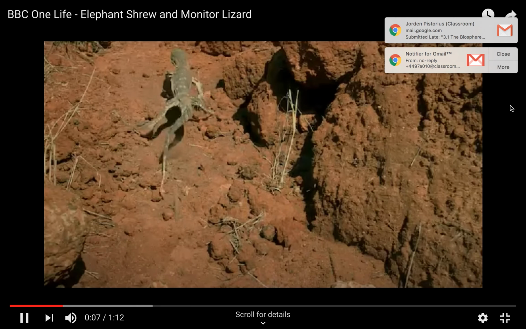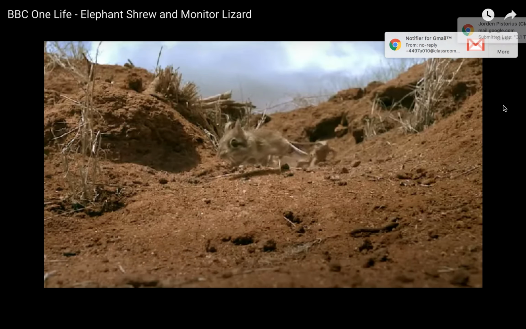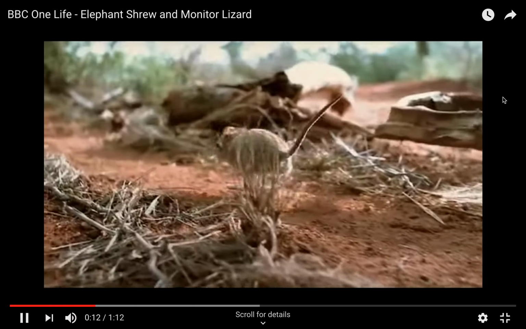The monitor lizard is very fast in short bursts, but she's the one with the agility to take the tight corners.